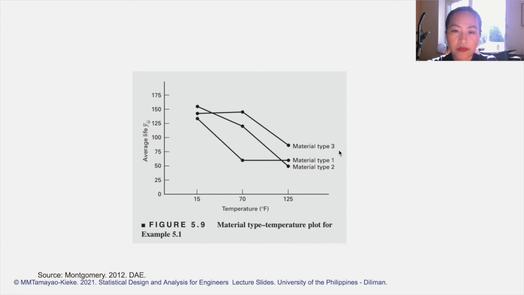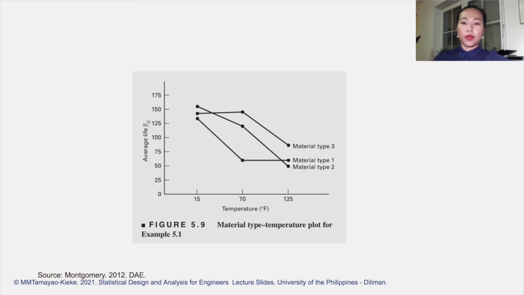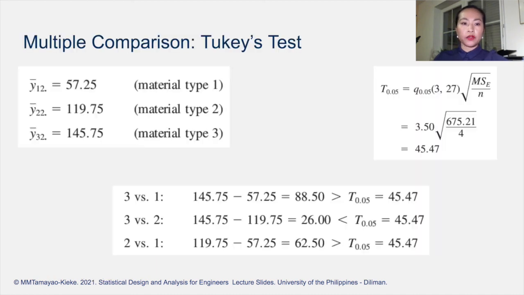So it seems that material type 3 is the most robust among the different material types given this plot. Now since we have concluded from our ANOVA that there is a significant effect from the material type and the temperature as well as the interaction, we can perform multiple comparison using Tukey's test. Before we do, note that the interaction effect in this example is significant.